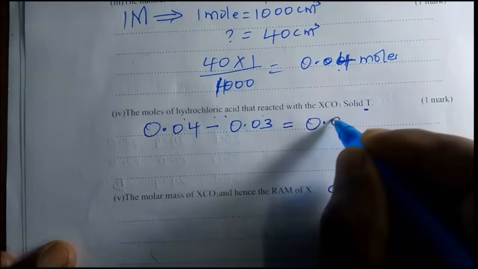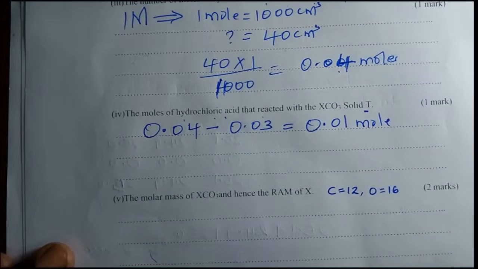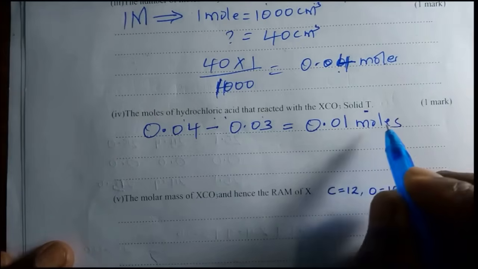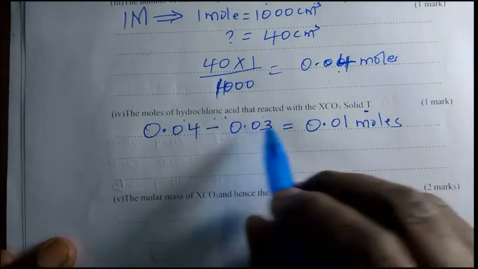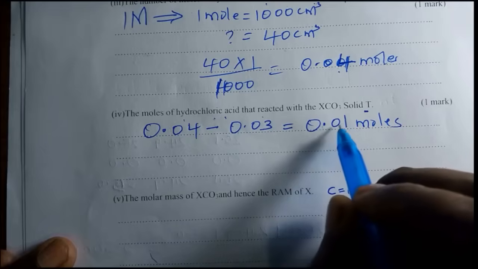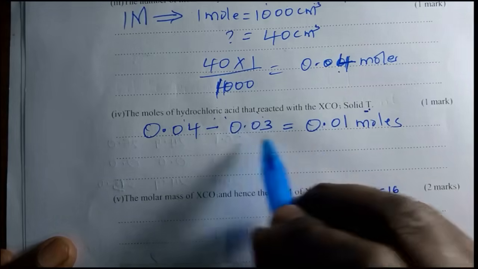So 0.01 moles remained of hydrochloric acid. These are the number of moles of HCl that reacted with T.